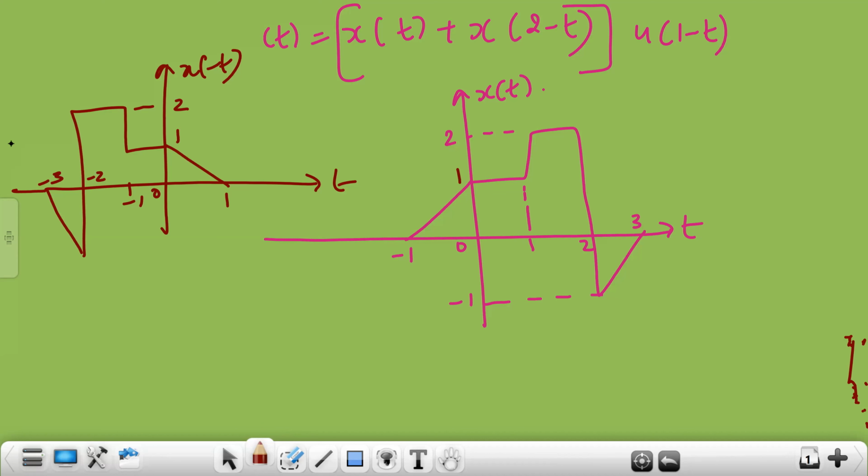Sir, between 1 and 2 on the y-axis, is that a straight line or a slope? In the first diagram it is slanting. It is a straight line because I have certain limitations in drawing this.